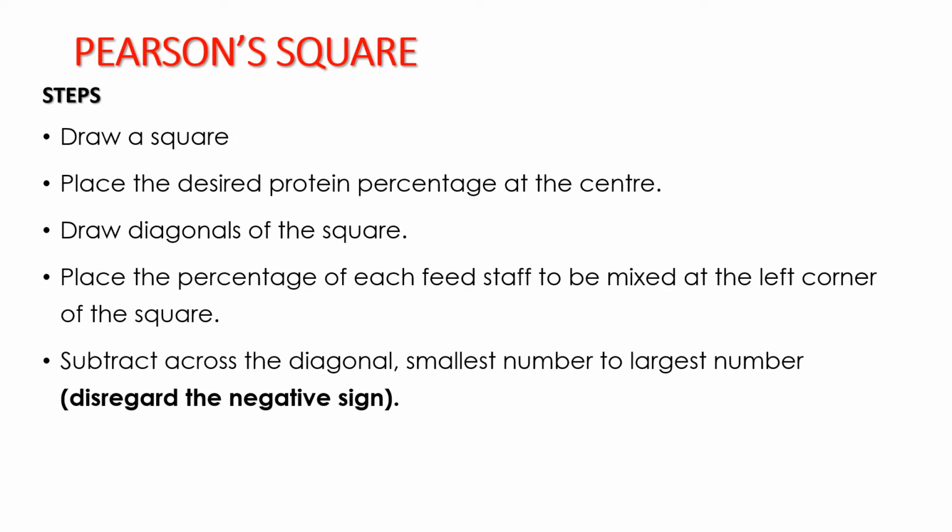Remember, I've said that different types of animals will have different desired protein percentages. So the second step is placing the desired protein percentage at the center of the square.